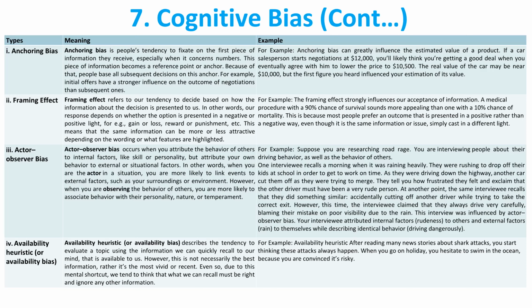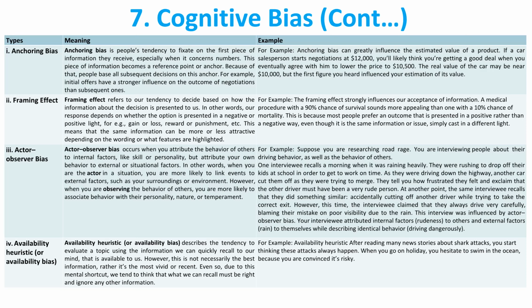For example, the framing effect strongly influences our acceptance of information. A medical procedure with a 90% chance of survival sounds more appealing than one with a 10% chance of mortality. This is because most people prefer an outcome that is presented in a positive rather than a negative way, even though it is the same information or issue, simply cast in a different light.